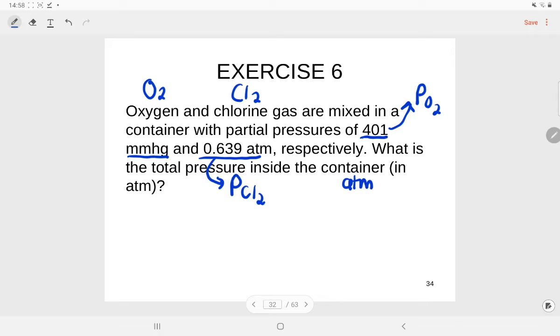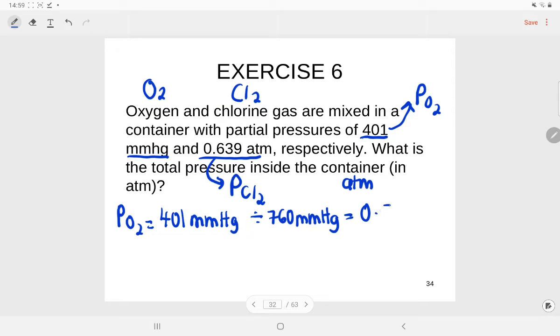So I'm going to convert my PO2 from 401 millimeter mercury. I'm going to divide by 760 millimeter mercury to get my pressure of oxygen in atm. If you press your calculator, you will get 0.5276 atm.